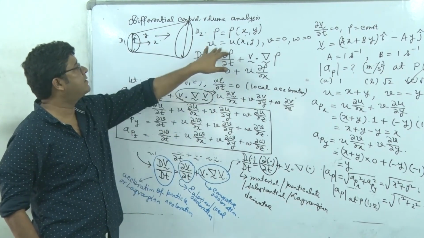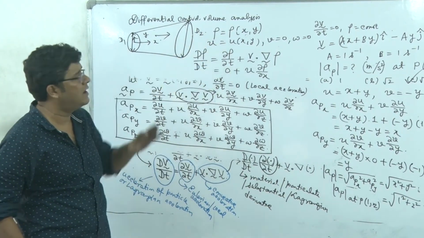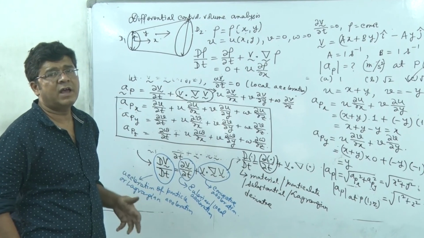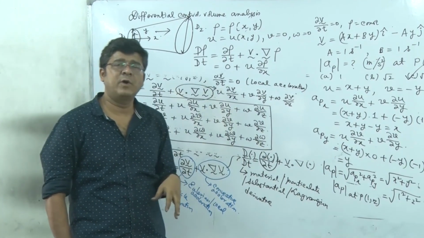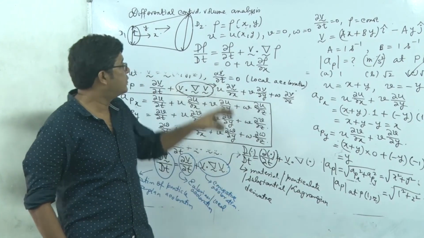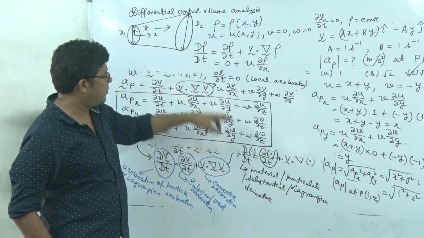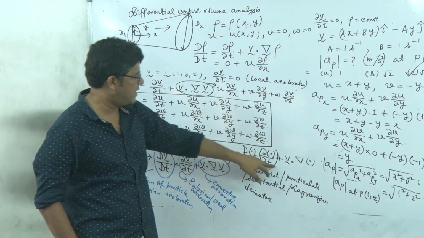Similarly, this is valid for any property of the particle. Like if the temperature field is given and the velocity field is given, right? And you are asked to calculate at a specific point how the temperature of the particle is changing, at what rate, you will find the material derivative, which is appropriately expressed as this.